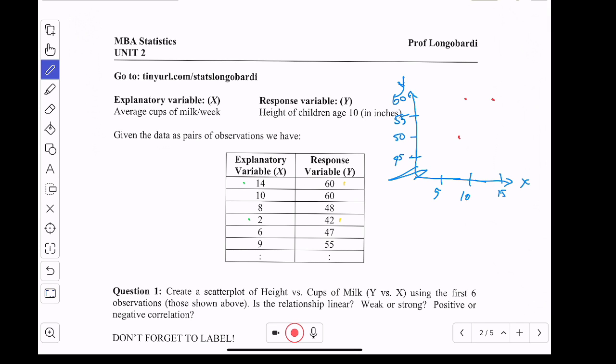You can complain if you think my sketch is really off, but this is just to get a general pattern. 2 and 42 would be like here, and then 6 and 47 would be like there, and 9 and 55.